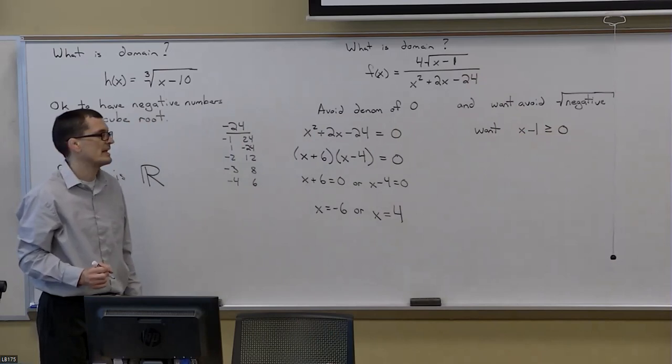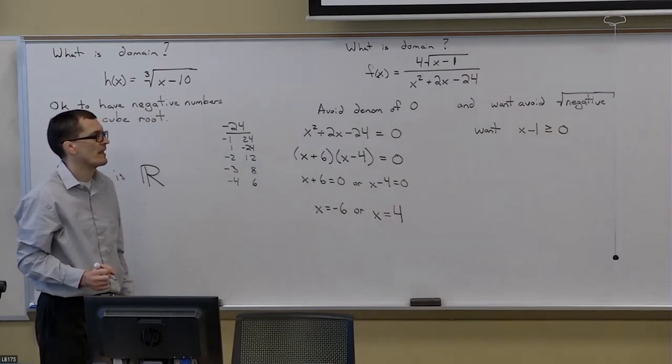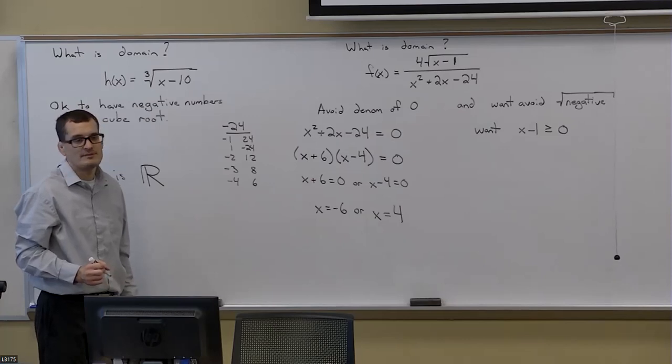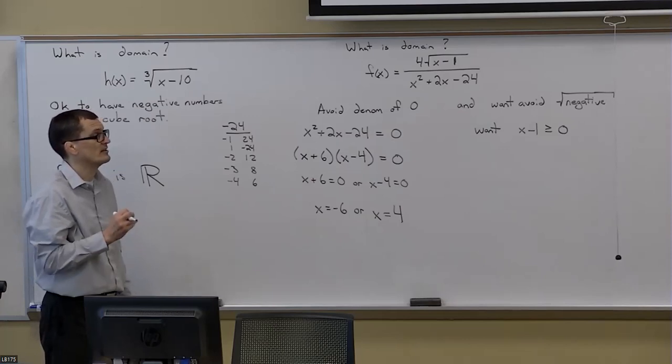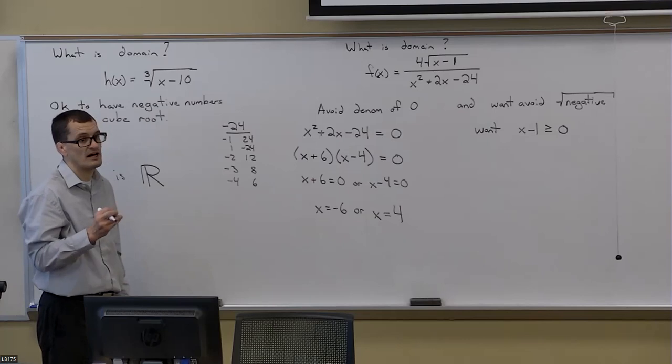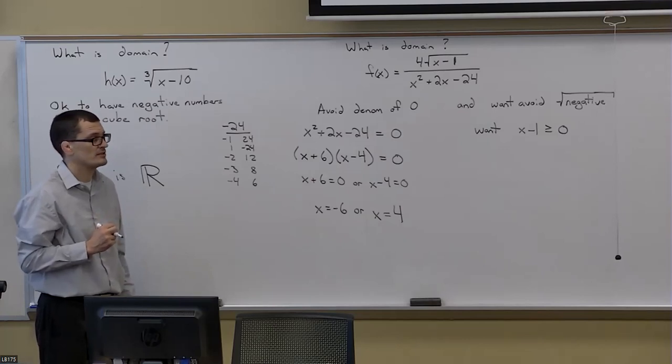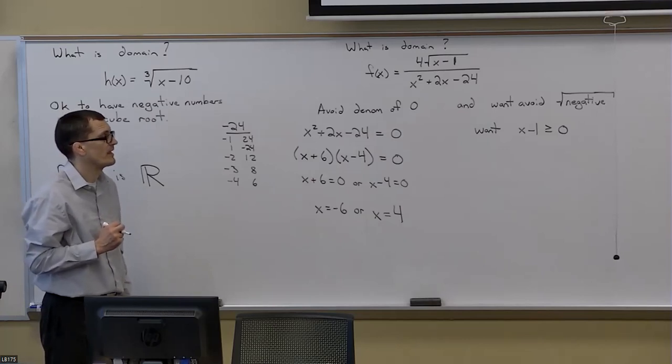When I avoid a negative underneath the square root, I need the thing underneath the square root to be 0 or positive. 0 or above.